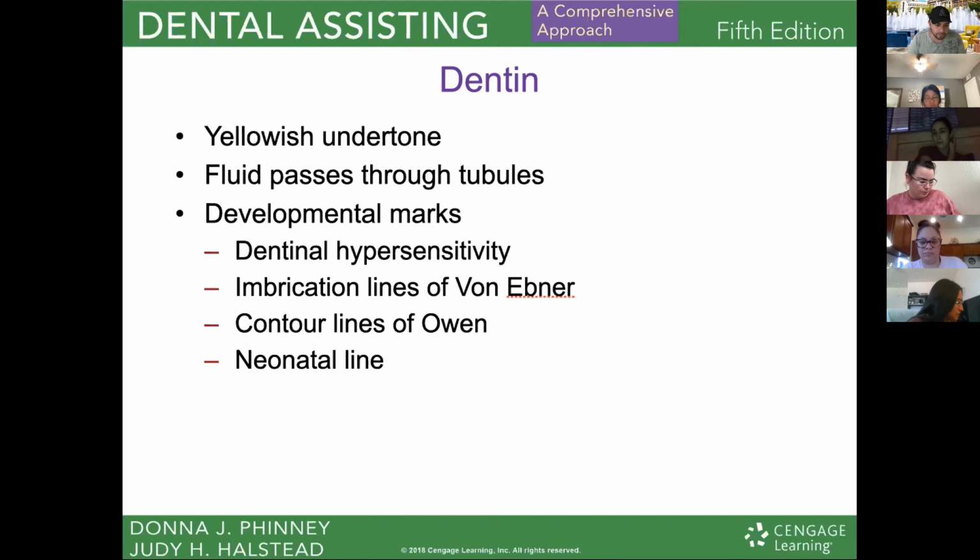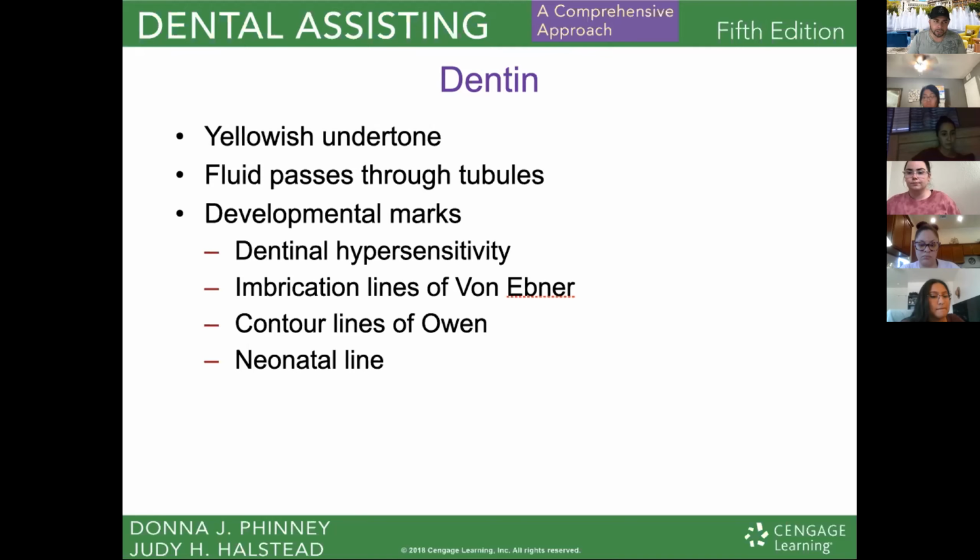neonatal line. So if you have hypersensitivity in your dentin, this is where the dentin is exposed because of these developmental marks. It can be very painful, very sensitive because the dentin is filled with all of these tubules. Remember, these tubules are like little channels that go down into the pulp chamber. It can feel almost like the tooth is exposed.